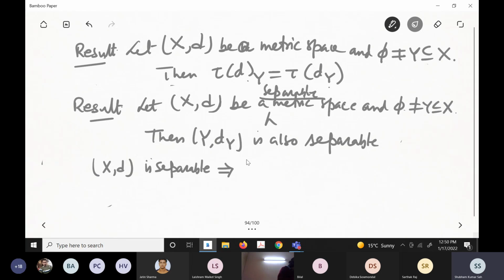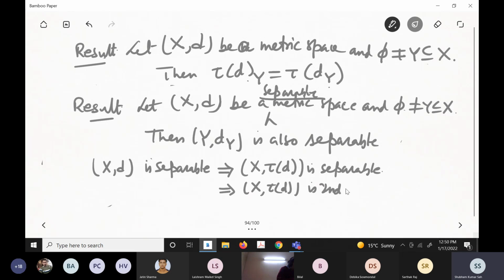A separable metric space is second countable. This is the same topology. Separability is actually a topological concept. Since it is coming from a metric, it is second countable.